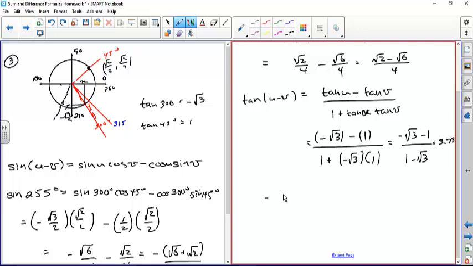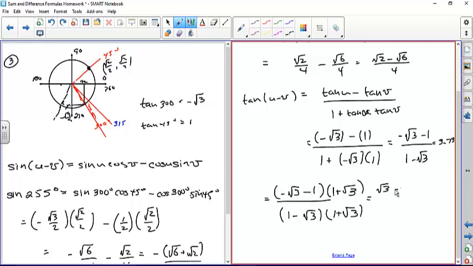Now, to clean this up a little bit, what I would do is multiply and divide by 1 plus the square root of 3. And what that is going to do is give me an integer in the denominator. So in the numerator, using FOIL, I get the square root of 3 from the first.